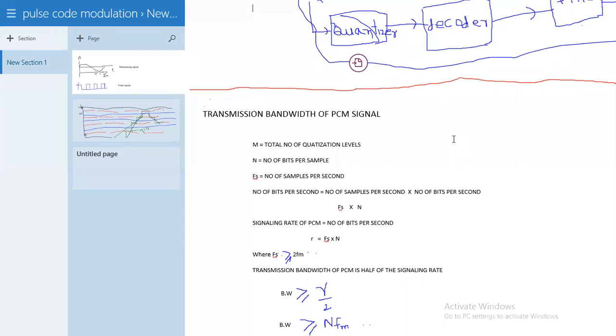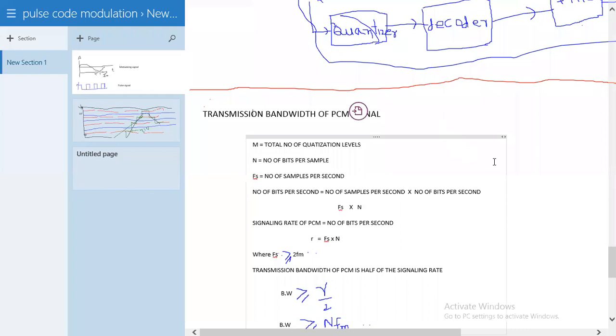Then capital N is the number of bits per sample. Fs equals the number of samples per second.